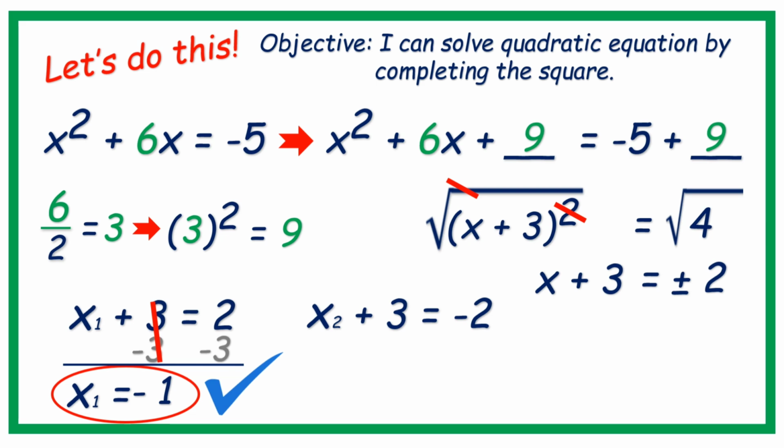What you do on the left side, always do on the right side. Cancel it out, leaving our x, the variable, and the answer, negative 2 plus negative 3, negative 5. You got it. Just like that, you just solved a quadratic equation by completing the square.